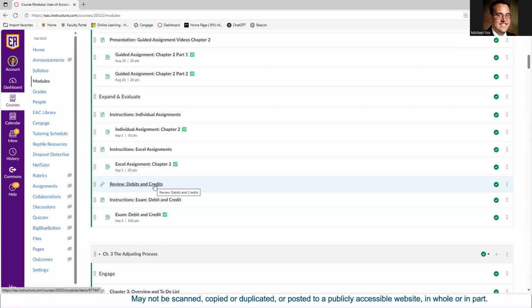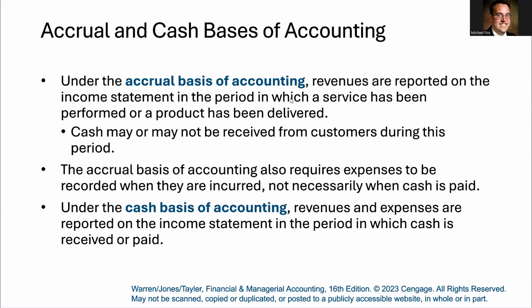I'm kind of a no-surprises exam person. I don't want the exam to feel radically different than what you've practiced. There may be a few little twists. That's just how we separate the geniuses from the super geniuses, but mostly straightforward. So look at that review as you prepare for the exam. All right, we better get on with chapter 3.